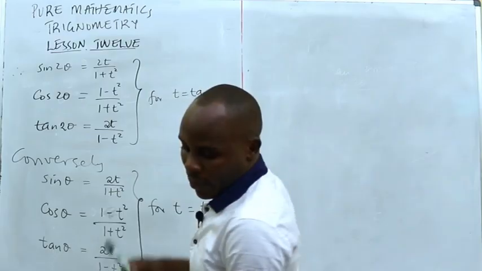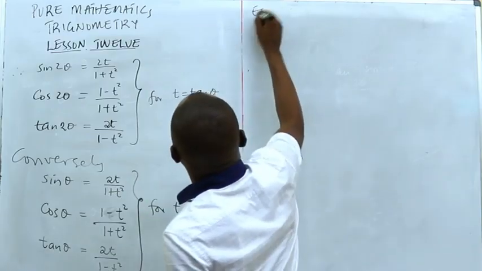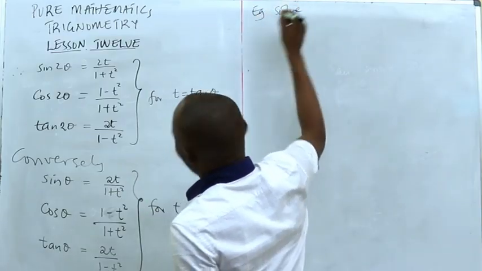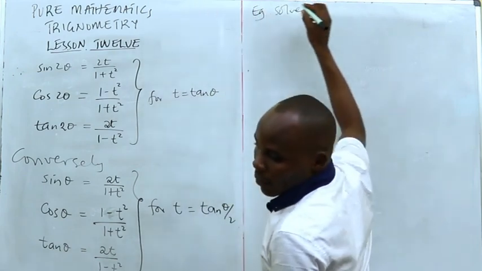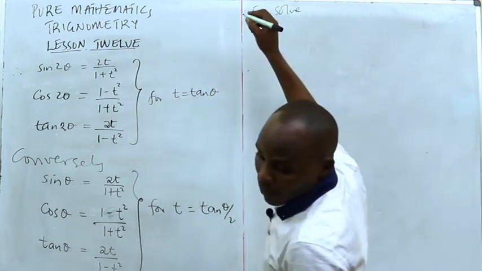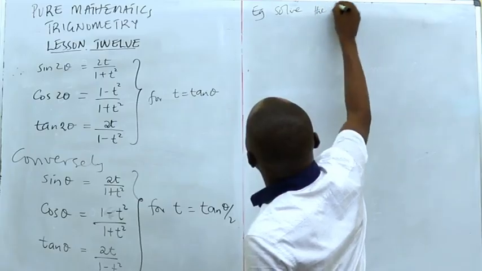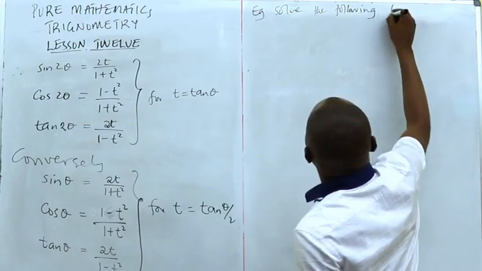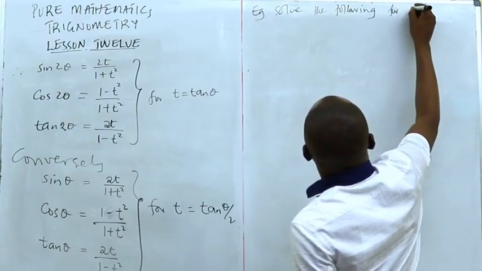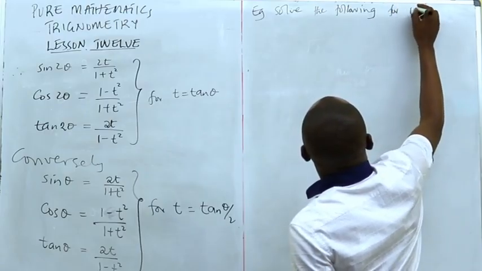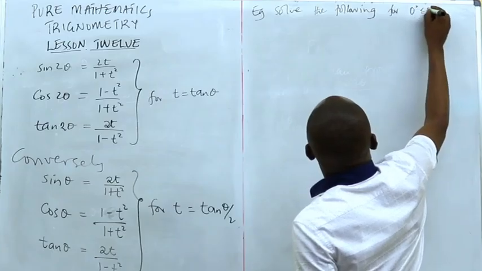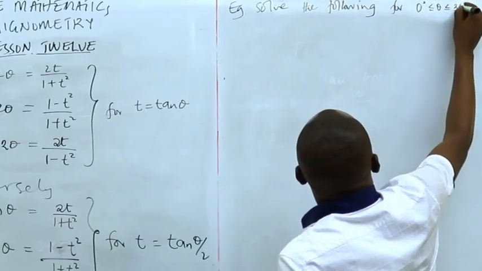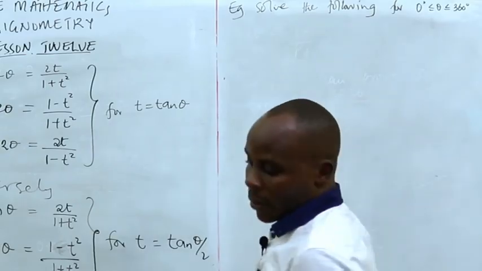Solve the following for 0 degrees less or equal to theta less or equal to 360 degrees.